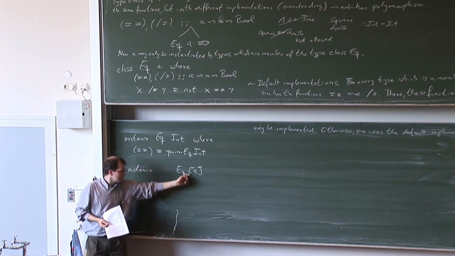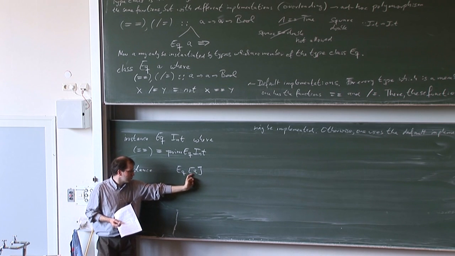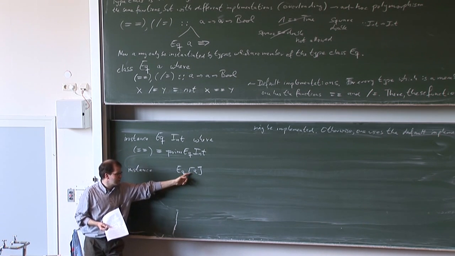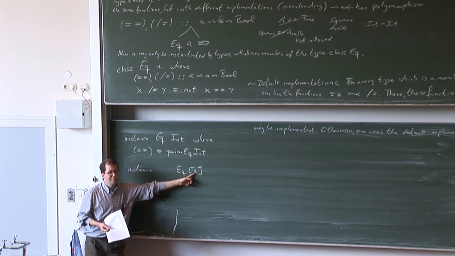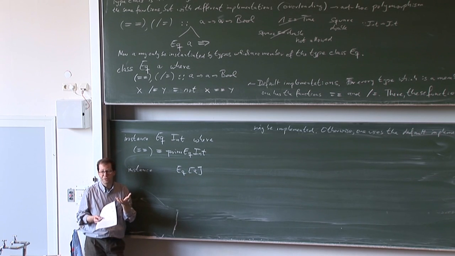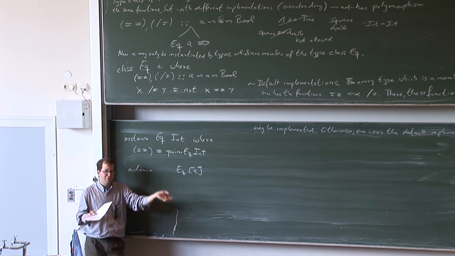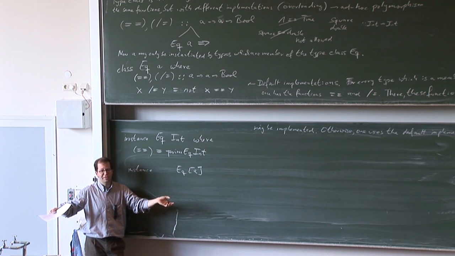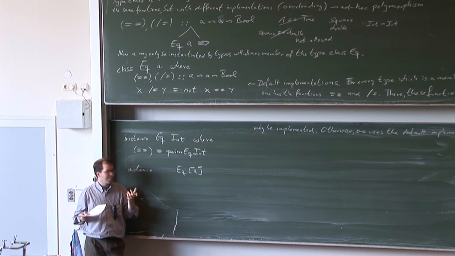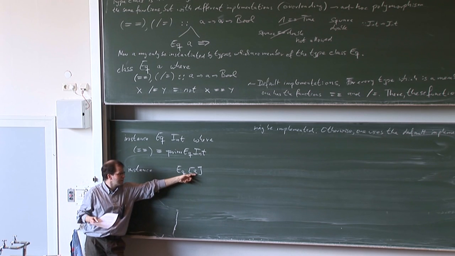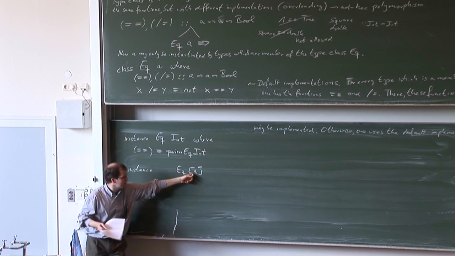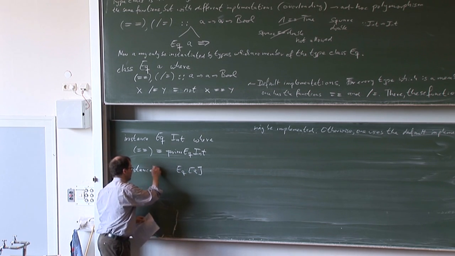And in order to avoid this, we want to say, well, we only want to be able to compare those lists where we can compare the elements. I mean, in order to find out whether two lists are equal, we have to compare the first element of the first list with the first element of the second list, and so on. So only those data types, list of A, should be in EQ, where A is already in EQ.